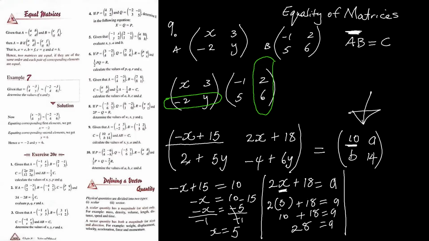Now, if I put 2 plus 5y equals B, I wouldn't get any answer because I do not know, that's 2 unknowns. So I'm going to do the other one. So it's negative 4 plus 6y equals 14. If I take the 4 onto the other side, it becomes positive 4.